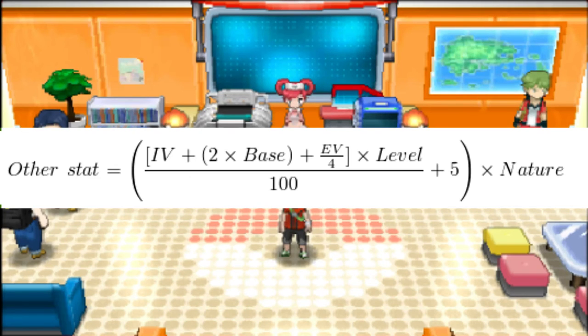Now, because the equation rounds down when you divide that by 4, there are 3 EVs that are pretty much unnecessary, because 252 EVs are going to give you the same value that 255 are. So those extra 3 can be put into something else to give it a 1-point boost. It's not much, but every little bit can help.